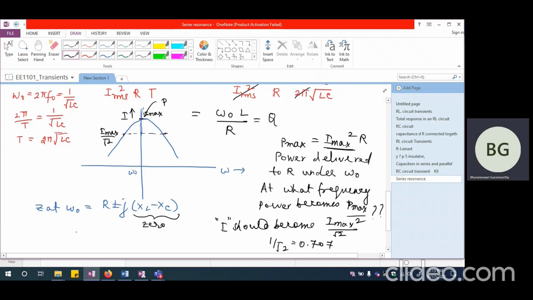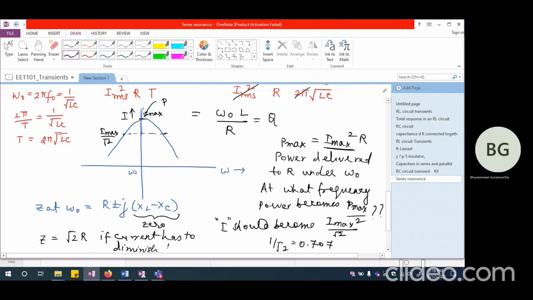But at what point are we going to get I max divided by root 2? Z has to be root 2 times R if current has to diminish to I max divided by root 2.